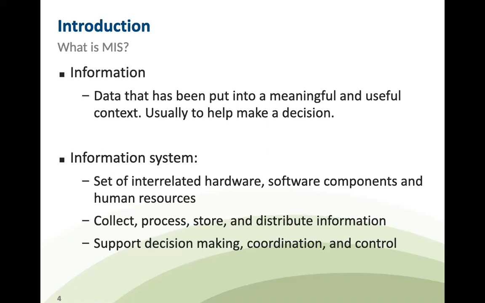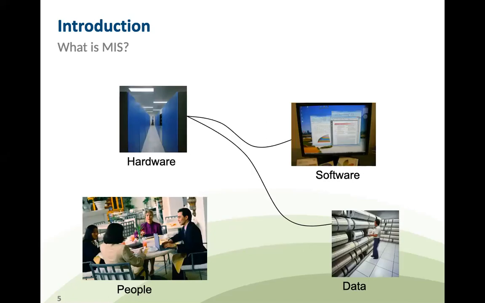And information systems support decision making, coordination, and control. So a combination of hardware, software, data, and human resources is known as an information system, basically.